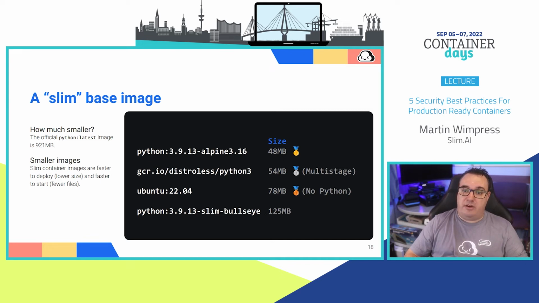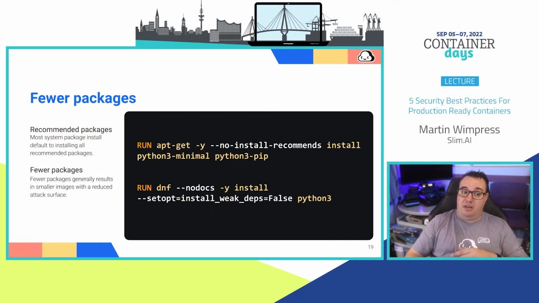I'll containerize our example app using 4 different base images, including the official Python image based on Alpine 3.16, the official Python image using their Slim version based on Debian 11, a distroless multi-stage build, and an Ubuntu 22.04 base image, which doesn't include Python by default, so that will have to be installed via a Docker RUN command. Which leads us on to the next topic, which is installing fewer packages.